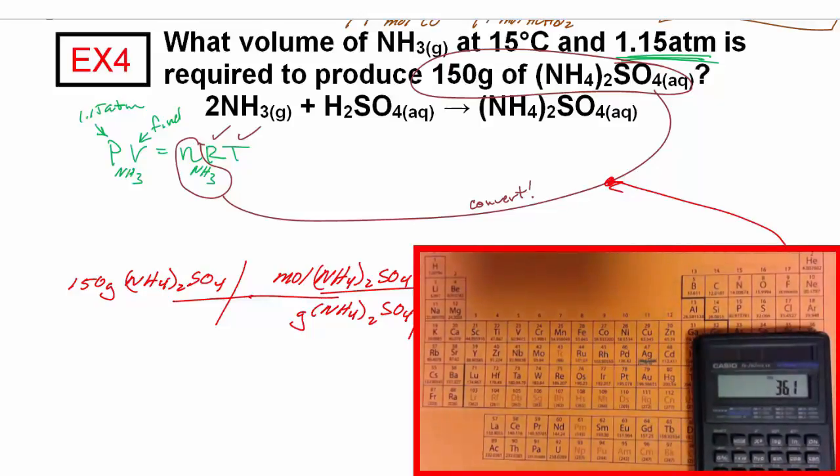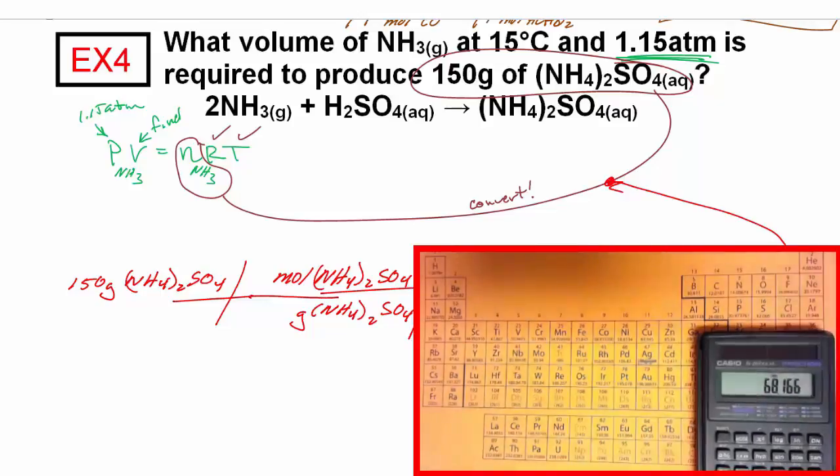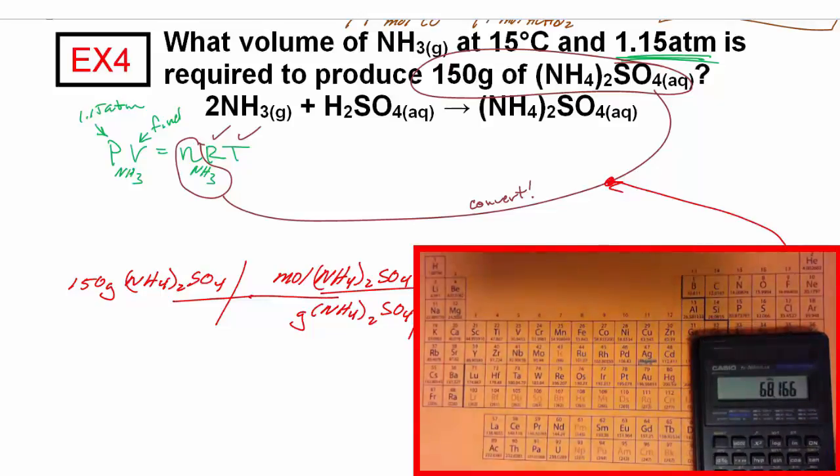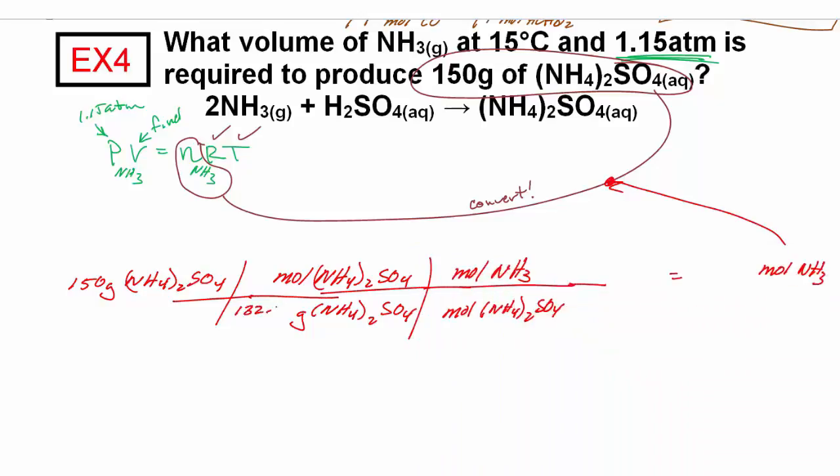Sulfur is 32.06 plus 4 oxygens. 4 times 16, about 132.2 grams in a mole of ammonium sulfate. My mole bridge has it at 2 moles of ammonia for every 1 mole of ammonium sulfate. I get about 2.27 moles of ammonia.